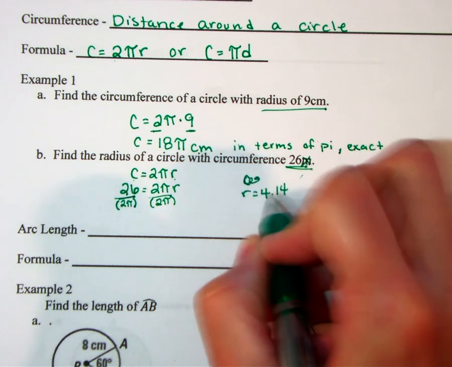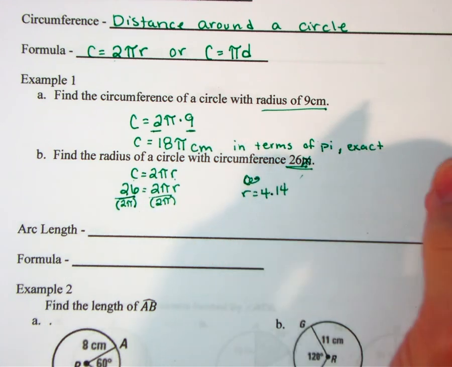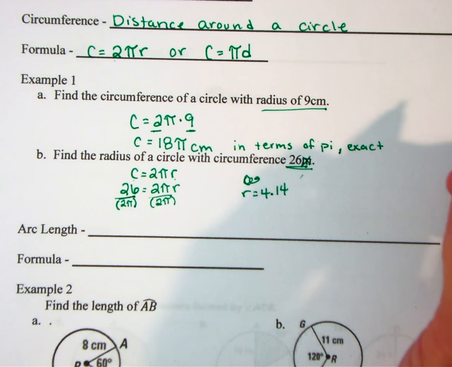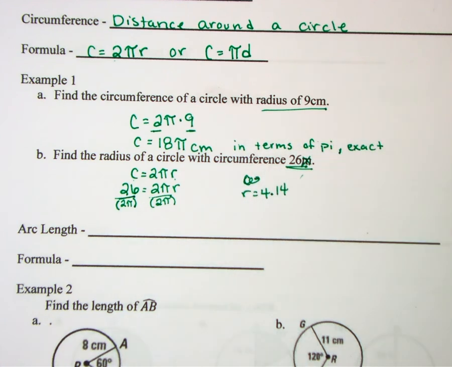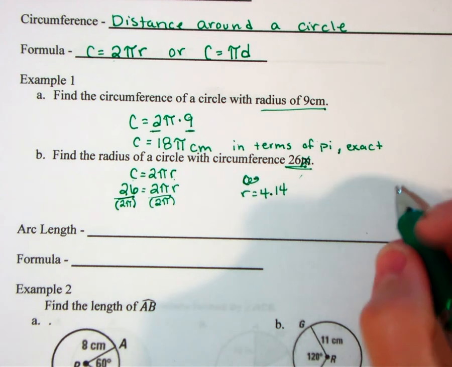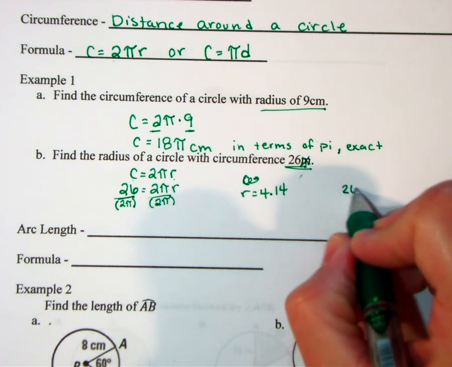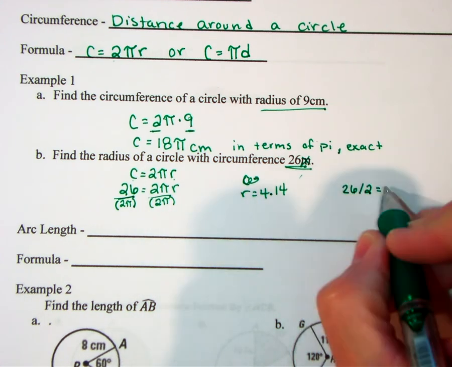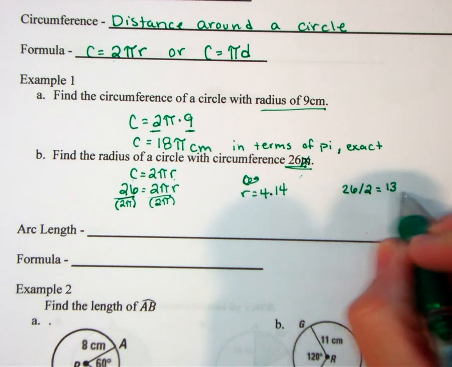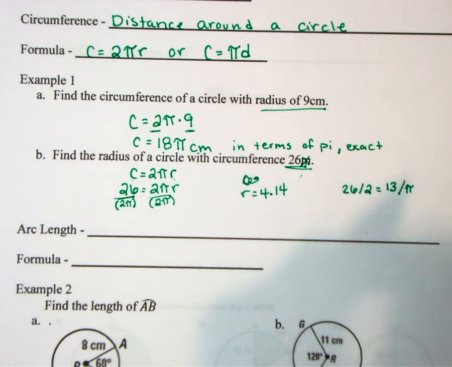Now, if you're at home and you're not using a nice calculator, or you're worried about not getting the right answer, another way you could do this is to take 26, divide it by 2, hit the equals button, get an answer, so that's 13, and now take 13 and divide that by pi. So divide them one after the other instead of trying to do them both at the same time.